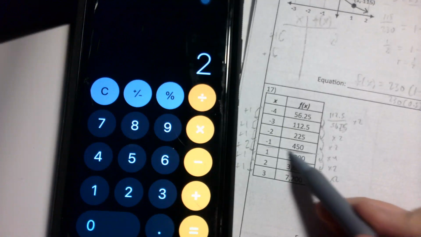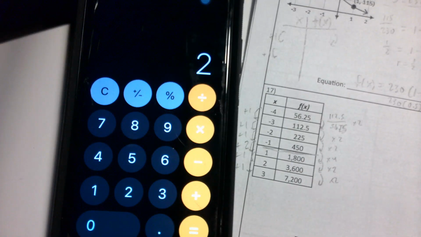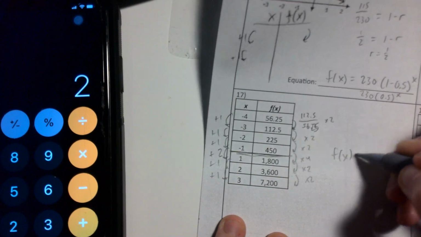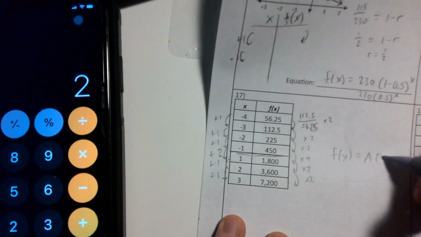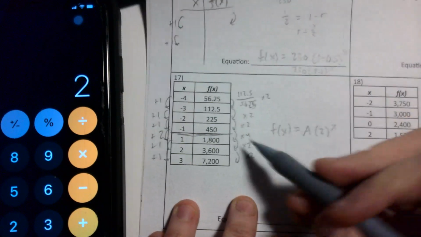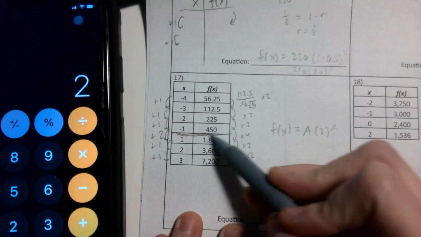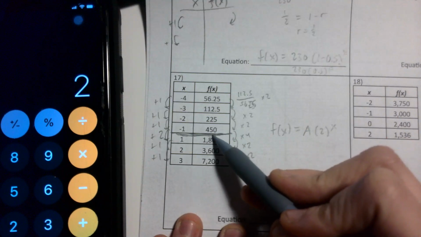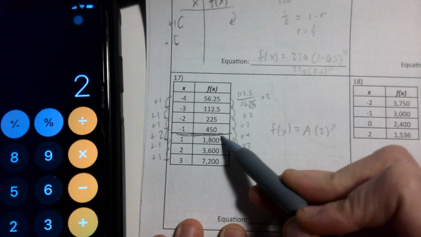So we're skipping this guy. So we know that we have f of x equals a(2) to the x, right? But we don't know what a is. So if we were here and we needed to double to move 1, then we know that to double that would be 900.